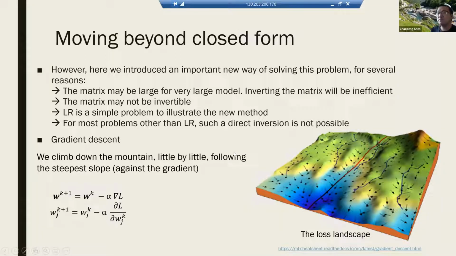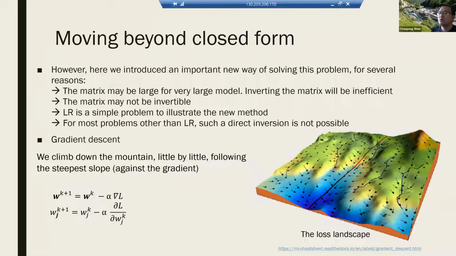Okay, so moving beyond solving the closed form analytical solution, we want to introduce a very important way of solving minimization problems for high dimensional parameter sets. This is called gradient descent. The reason we want to do this is that you might have very high dimensional problems where the analytical solution is unattainable or very inefficient, or you might have nonlinear equations that are difficult to solve analytically, and the matrix may not be invertible.